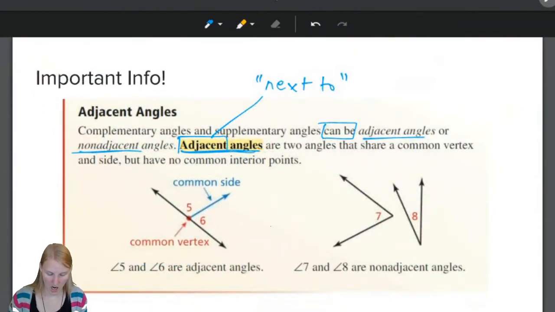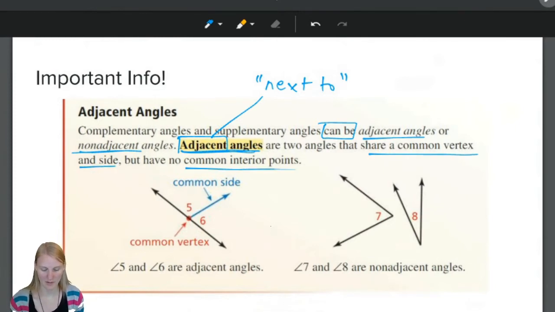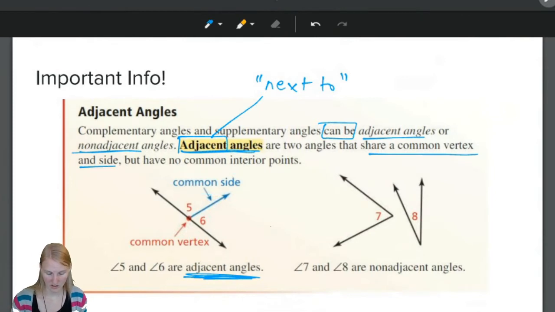Adjacent angles share a common vertex and side, but they have no common interior points. These angles are adjacent angles, and you can see that this angle and this angle share the same vertex and they share this side right here.